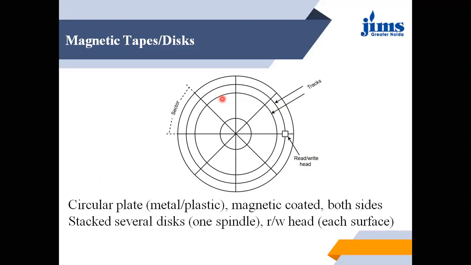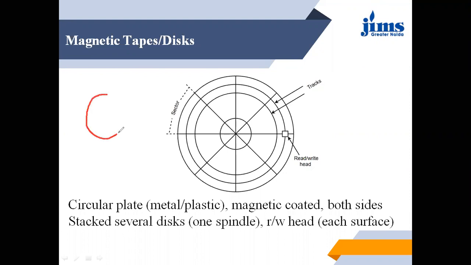When data has to be stored in magnetic tapes or magnetic disk, then the storage is like circles, like a circular plate. This plate is made up of either plastic or metal. This is the storage device, the secondary storage device, or this is also called auxiliary storage.